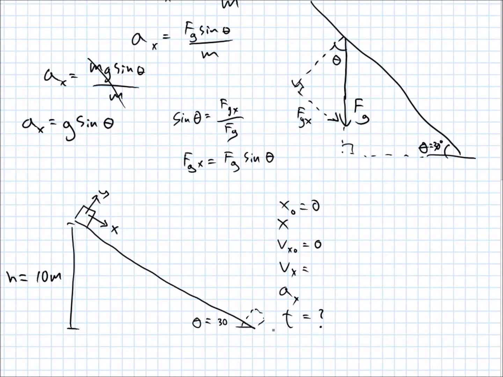X final, though, would be all the way to the end, or in other words, it would be the length of this slope. And so I wasn't actually given that. I was given the height, though. So I know that this whole distance, which will be the length, the same number as x final. Well, again, I'm going to use sine.